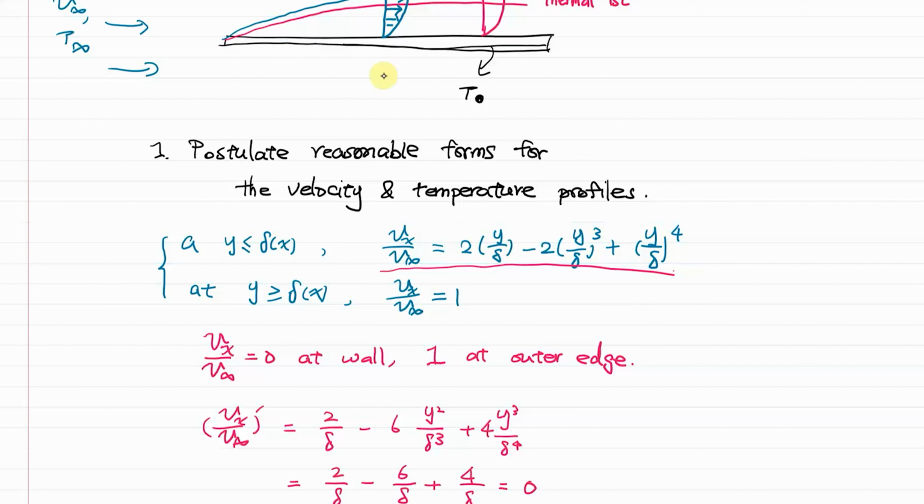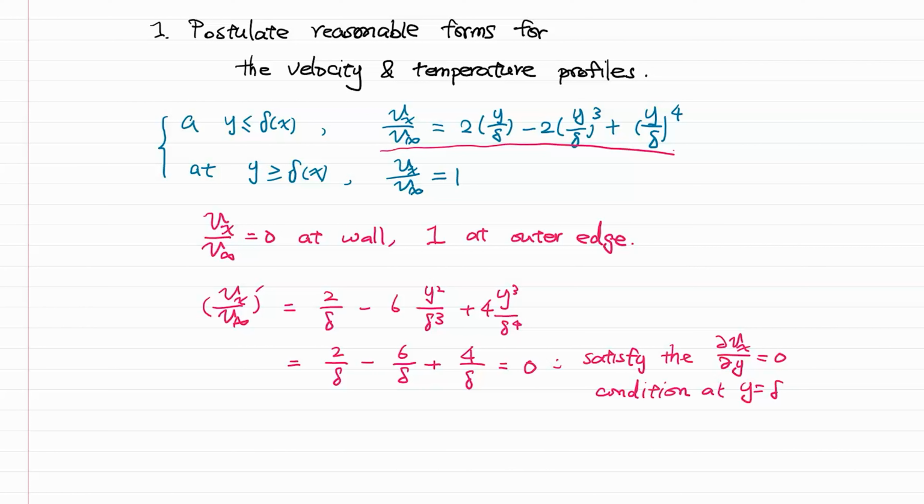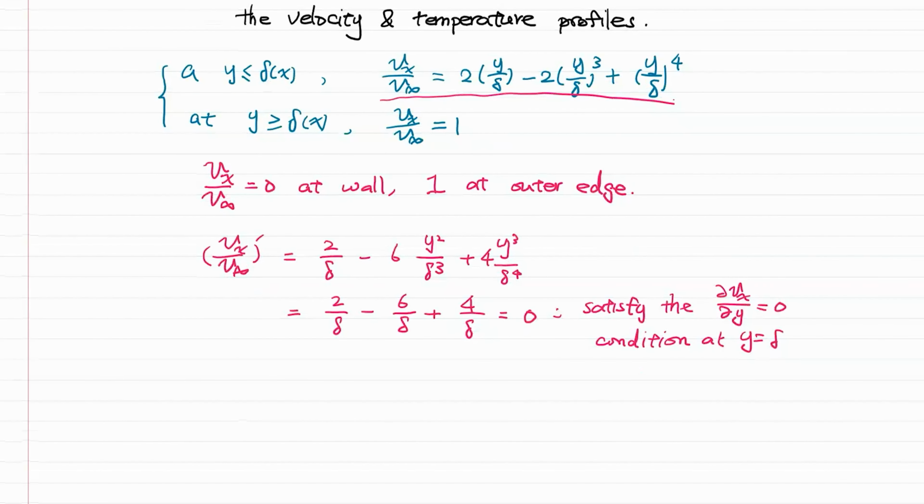So yes, it satisfies the condition partial Vx partial y equals 0 at y equals delta. This is a reasonable guess for the velocity distribution, and it satisfies all boundary conditions. Now let's take a look at the temperature distribution.